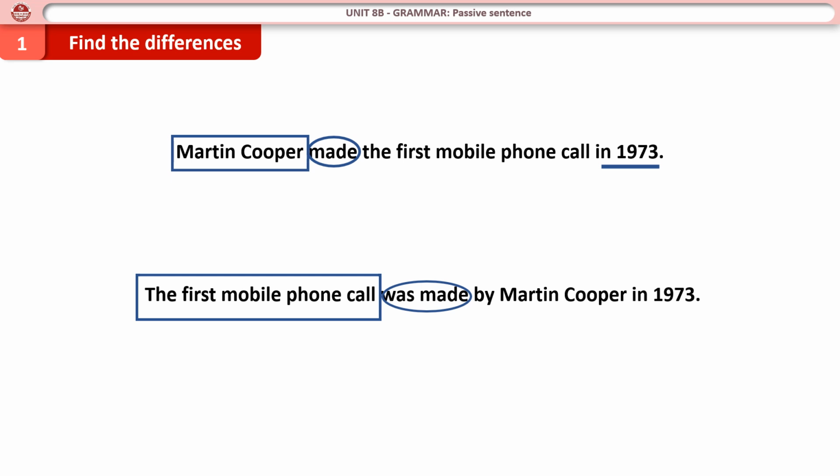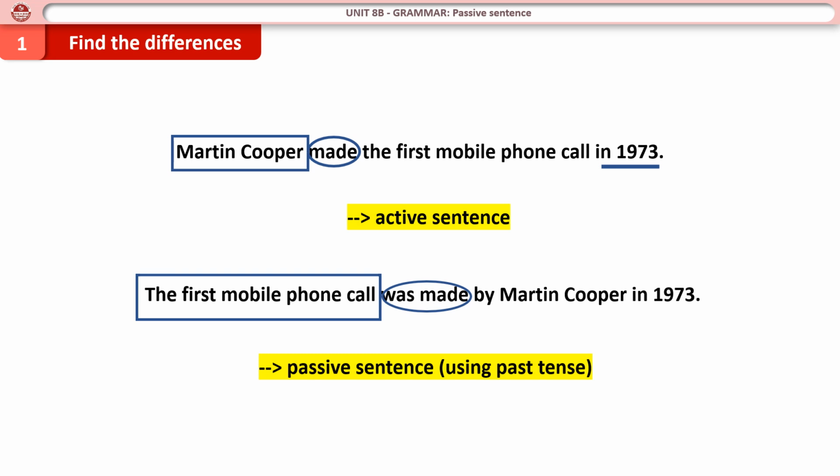But the way that I structure these two sentences is different. Because the first sentence has Martin Cooper, which is a human being, a person, as the subject, we can call it an active sentence. Meanwhile, the second sentence has a thing or an object as the subject, so we can call it a passive sentence.